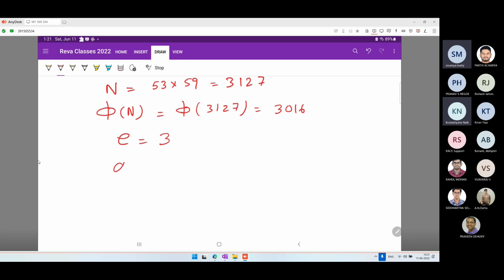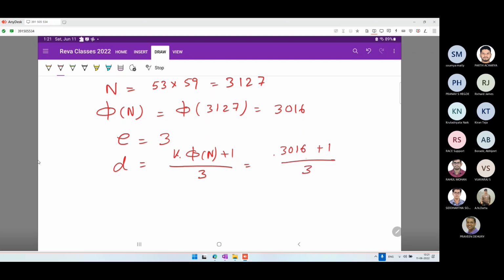And D will be phi of n plus some k, and we have to decide the value of k so that it is divisible by 3. So this one, I know, is 3016 plus 1. I have to just find out the k, so we take it here as 2.